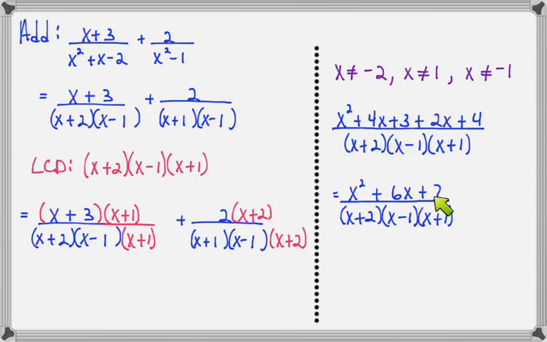And you should look at your top expression and see if it can be factored. Of course, this one cannot. So there's nothing we can reduce here. We just need to make a note that those three numbers have to be left out of the domain.